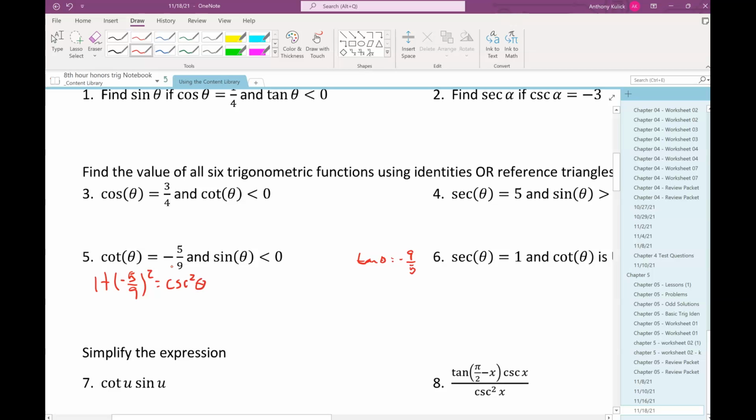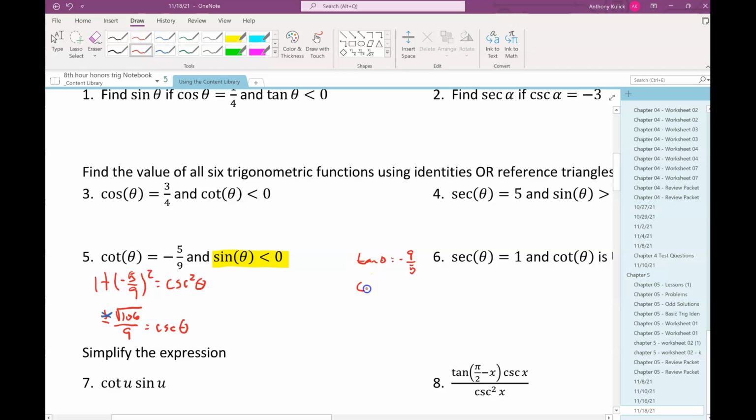Negative 5 over 9 squared is 25 over 81, plus 1 is 106 over 81. Square root both sides gives me plus or minus square root 106 over 9. And because sine is negative, I know that cosecant also has to be negative because they're just reciprocals.